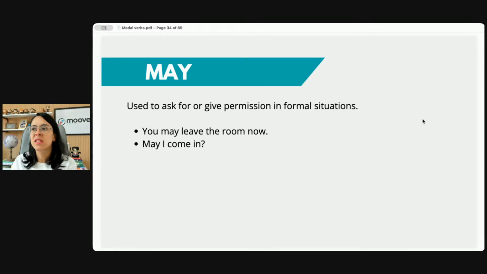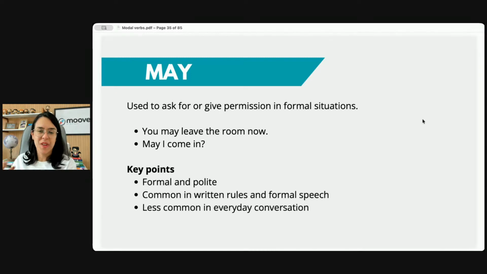If the environment is not so formal, using can or could is good enough. Okay, may is a little old-fashioned. So, as I told you, it is very formal and polite. It is very common in written rules and formal speech, and it's not common at all in everyday conversations.